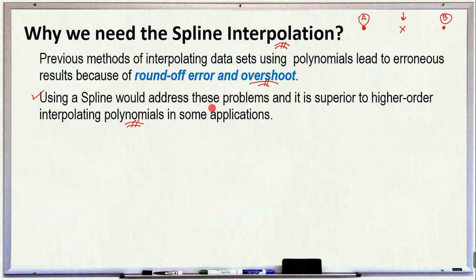Okay, so it is stated in this second line that it is superior to higher order interpolating polynomials, but not in all applications, in some lang. Okay, there are some cases nga superior siya. However, there are some cases that interpolating polynomials is still a better choice.